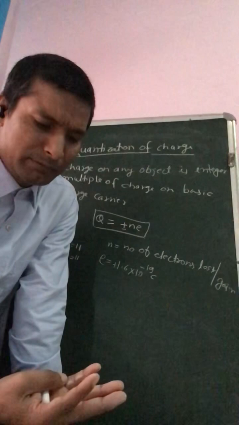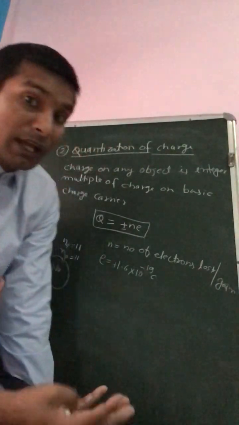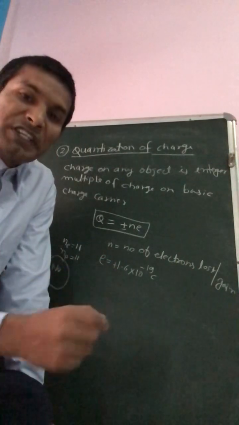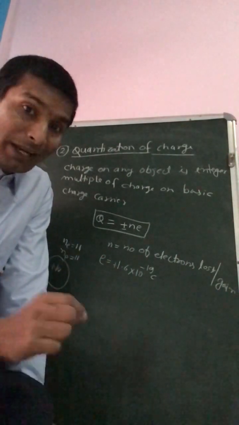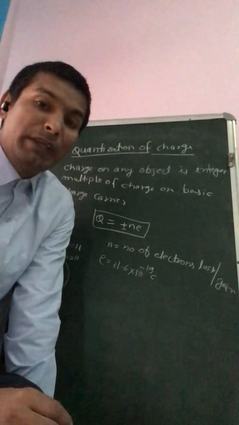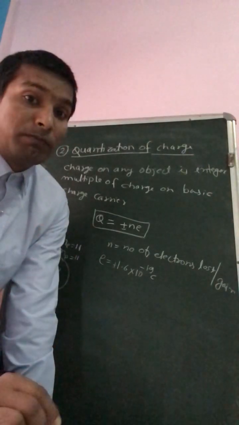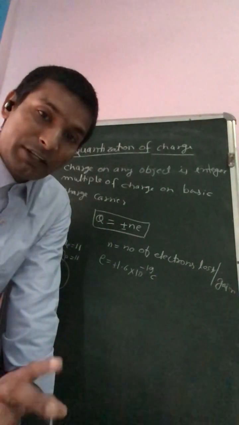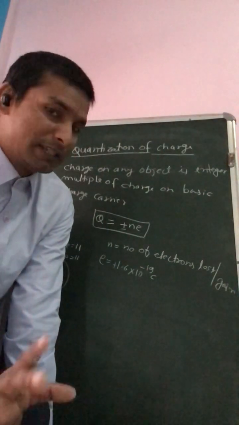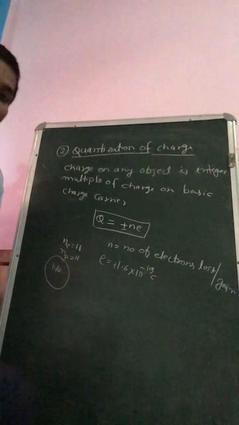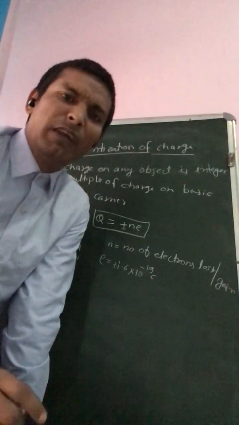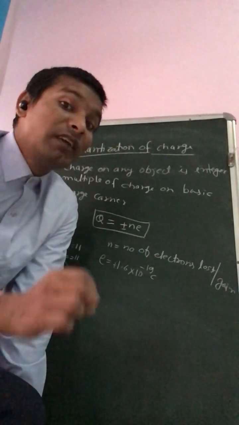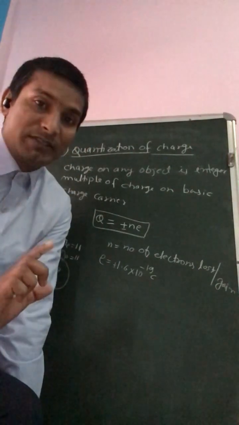Second, the electron has a negative charge of minus 1.6 into 10 to the power minus 19 coulomb, and the proton has a charge of plus 1.6 into 10 to the power minus 19 coulomb, and the neutron is chargeless.